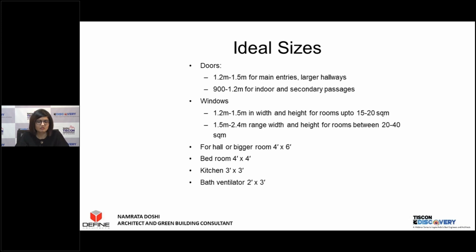Coming to windows, I'm going to start with a normal apartment like we all have in India. We have normal 1 BHK, 2 BHK, 3 BHK apartments, which usually have a living room, a kitchen, a few bathrooms, and your bedrooms. As per a norm, it's good to have all your living room windows open up into an open space.